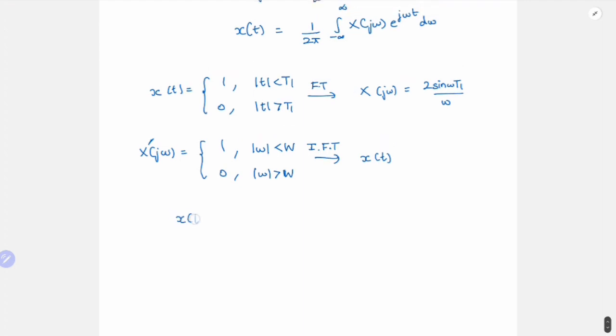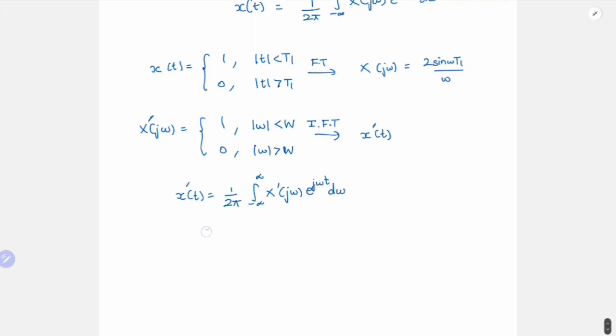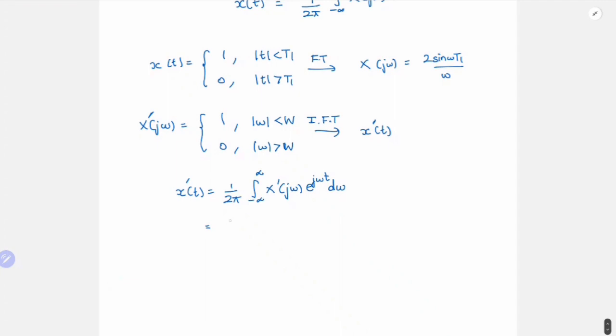So we can use this equation. x'(t) is 1 by 2π integral from minus infinity to infinity of X'(jω) e^{jωt} dω.